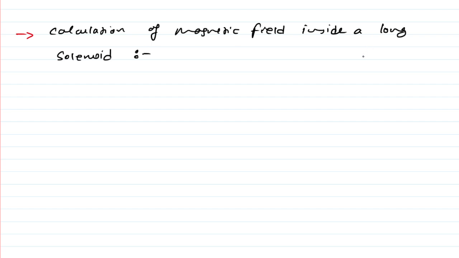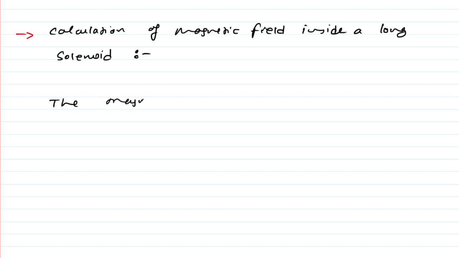The meaning of long solenoid we know from our previous video: the length of the solenoid will be very large as compared to its diameter. So we are assuming the magnetic field inside a closely wound long solenoid is uniform everywhere. Let us write that point.